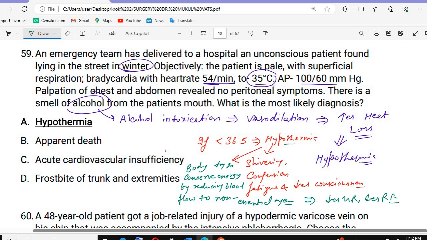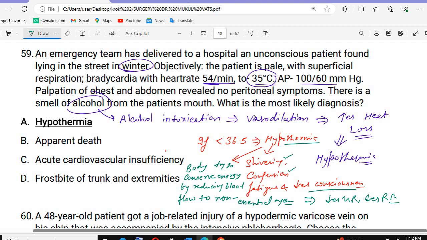I'm repeating it again. If the temperature is less than 36.5 degrees, because the patient is under vasodilation with increased heat loss, the patient will be hypothermic. You will see shivering, confusion, fatigue and decreased consciousness.